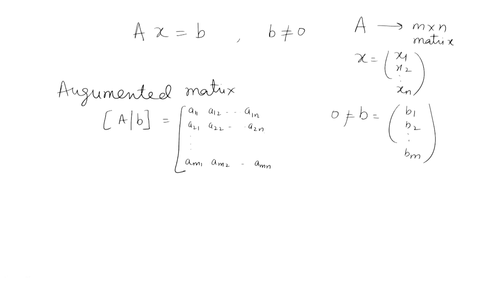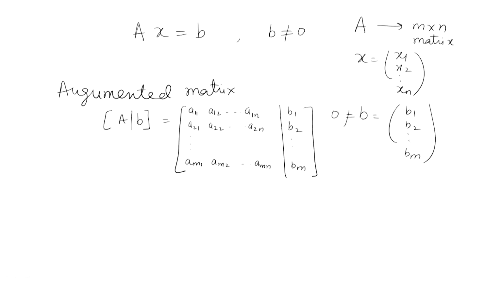This is the A matrix, and then your right hand side is b1, b2 up to bm. So, this matrix is called the augmented matrix. Now, what is the order of this matrix? There are m rows in this matrix and the number of columns is n plus 1. So, the order of this matrix is m cross n plus 1.